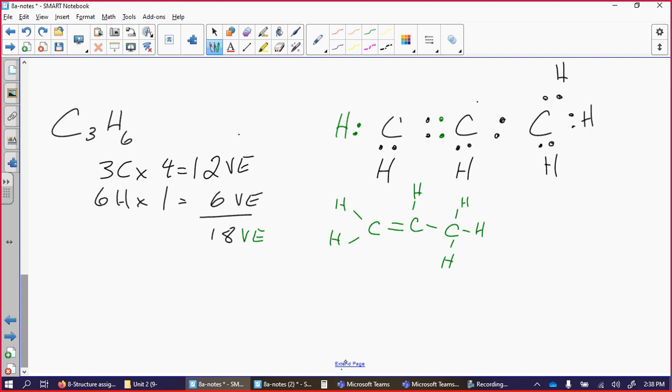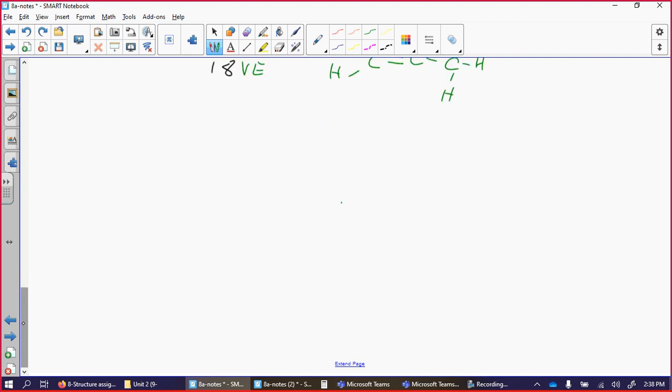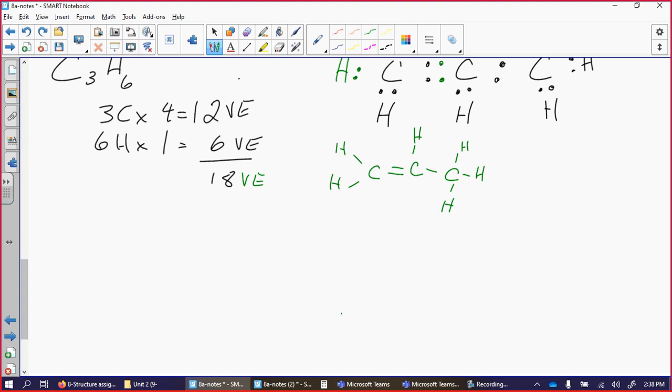There is another one. I'm going to draw the 3 carbons at the start bent. There's actually no wrong way to do this one.